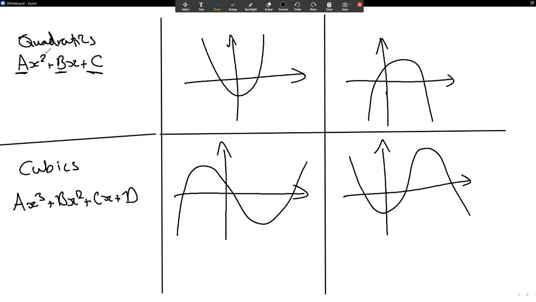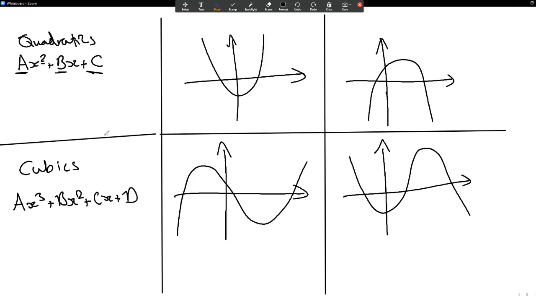So you can see that this goes 2, 2, 1, 0 technically, because x to the 0 is equal to 1. And this goes 3, 2, 1, 0. And basically, yeah, these are the forms of quadratics and cubics.